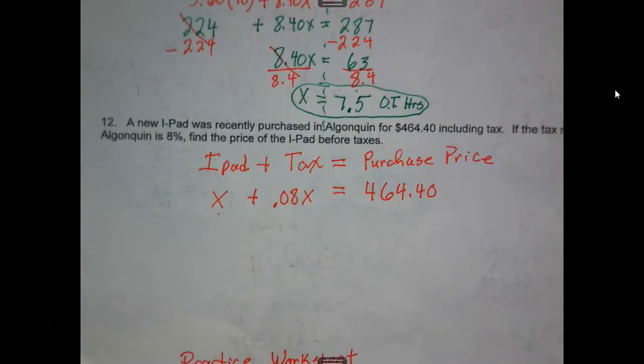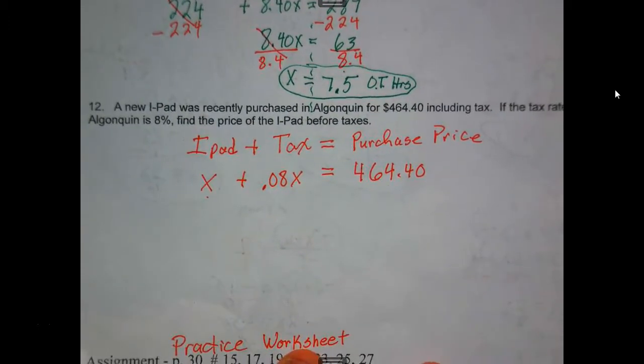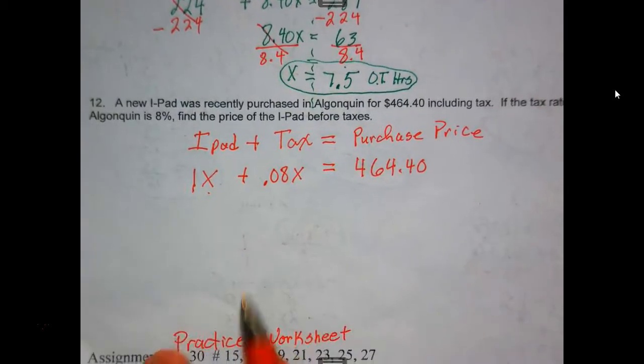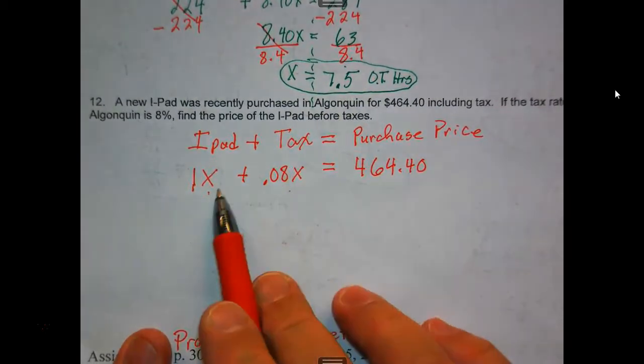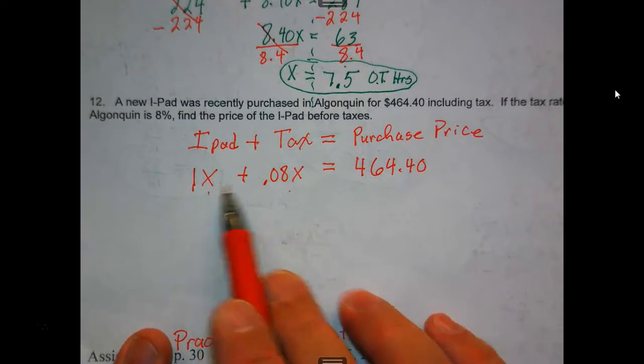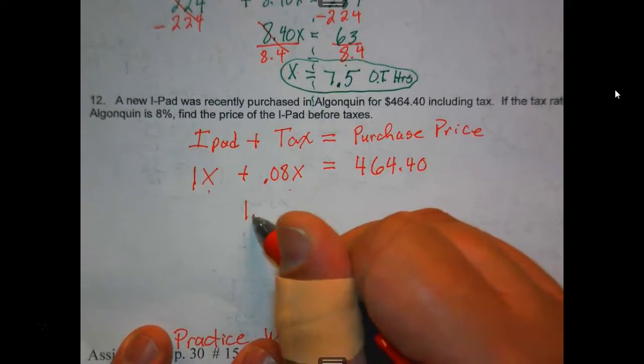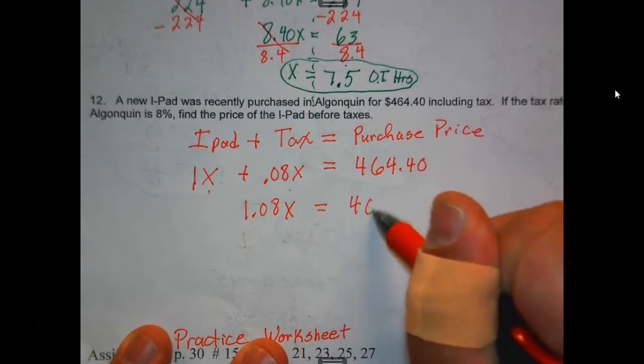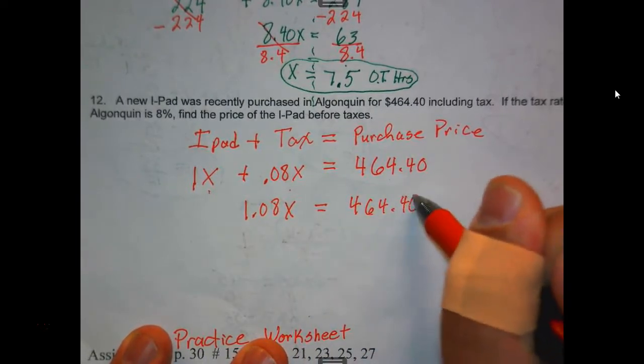A little tricky. All right, remember this is a 1, right? So we have like terms on the same side of the equal sign. 1 plus 0.08, 1.08x equals 464.40.